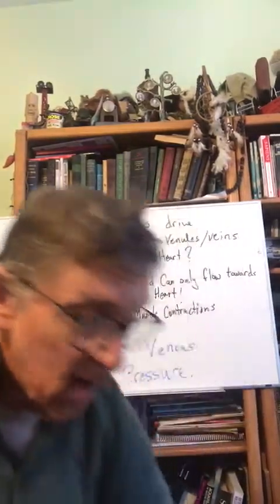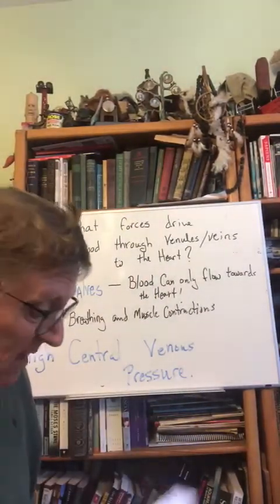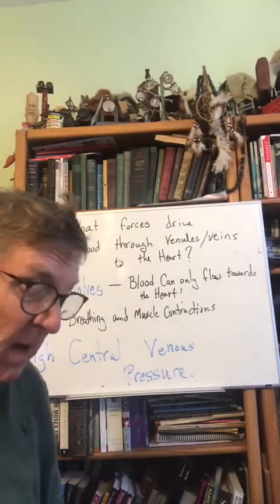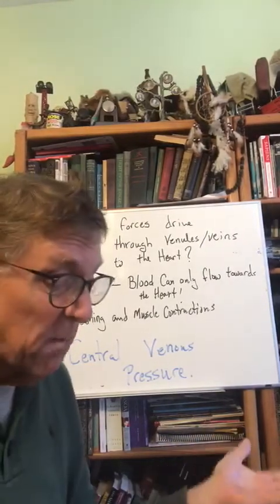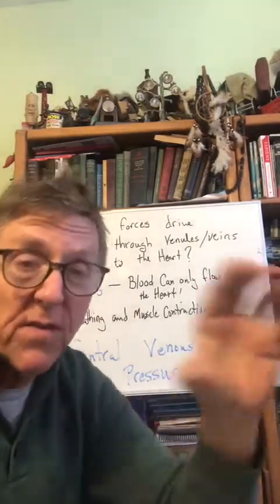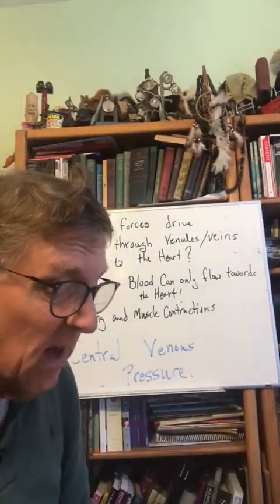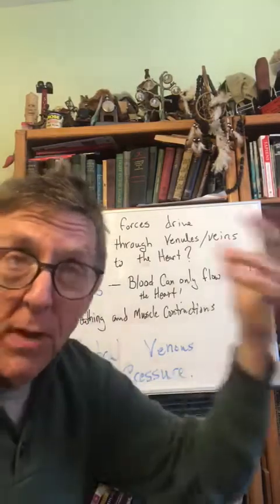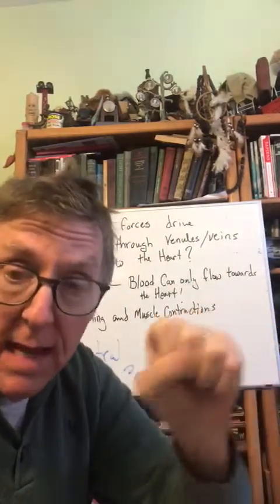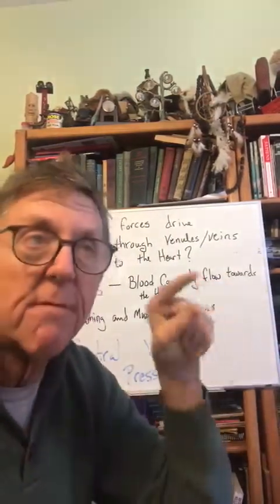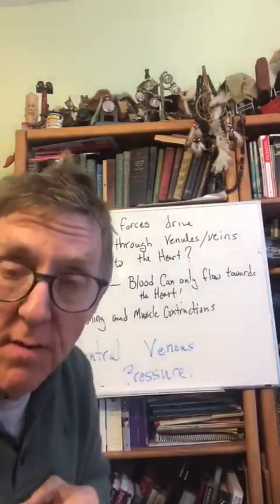What else do I want to talk about in this section? Blood pressure. We have a slide that deals with blood pressure, peripheral resistance, that's the constriction of those smooth muscles around the arteries. We had said arterial blood pressure varies with the contraction of the ventricles.